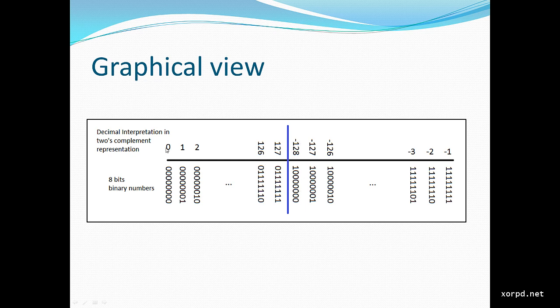We have positive numbers only until 127, but we have negative numbers until 128, which is interesting. We can see here the numbers that complement themselves that we mentioned earlier, 0 and the most negative number.